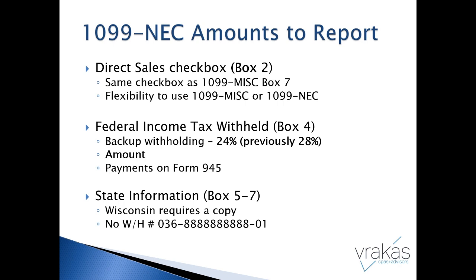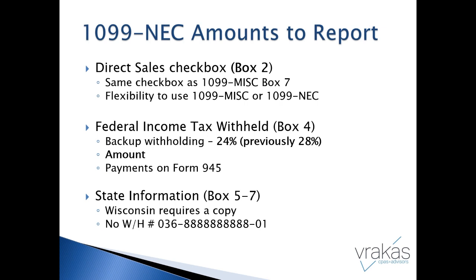So that's the biggest box, is box 1. But then we have, again, a couple boxes that are repeats of the 1099 miscellaneous, so we're not going to go through the details again. Box 2 is that direct sales checkbox. That's also on the 1099 miscellaneous, because you could have independent contractor fees that you need to report.